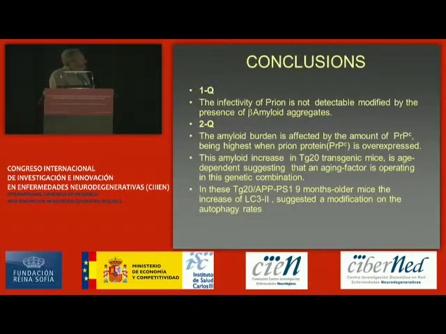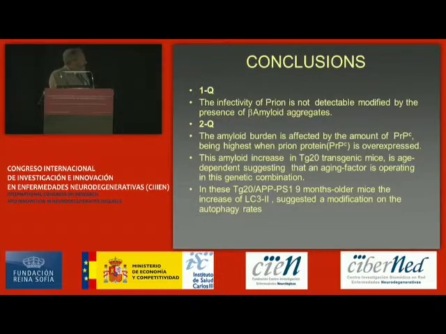The increase of amyloid in TG20 is age-dependent, which maybe suggests that we have another element which is age-dependent, something that has to do with the aging factor that we are trying to identify or to analyze.